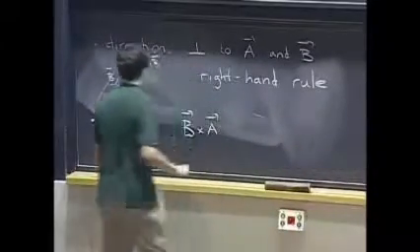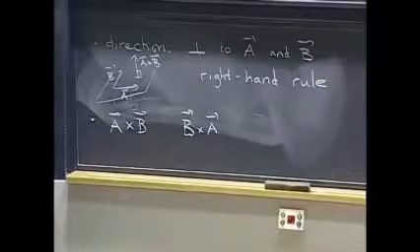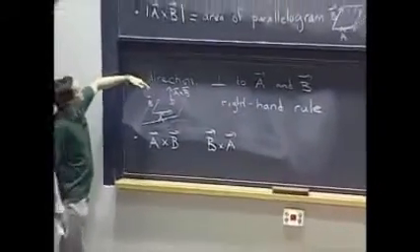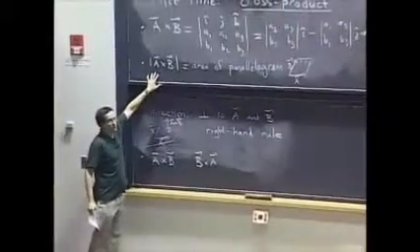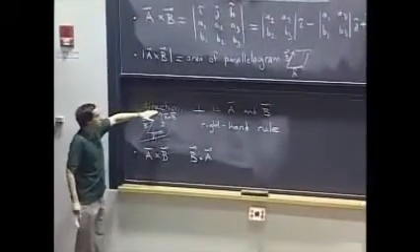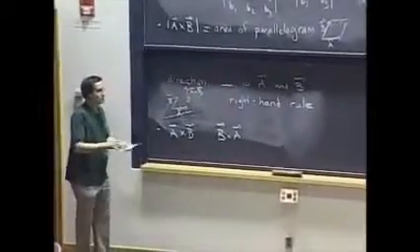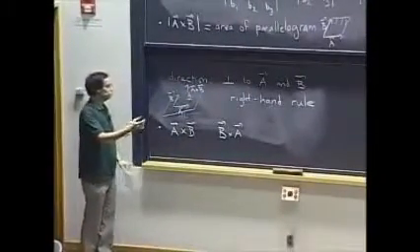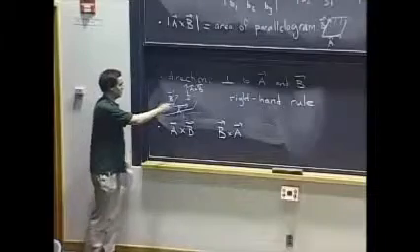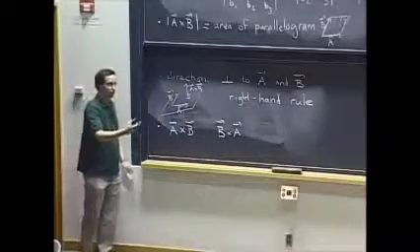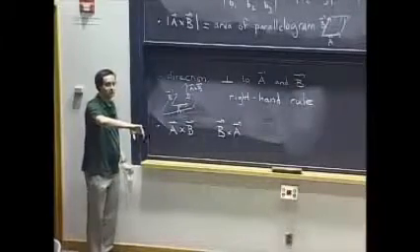Why are they not the same thing? Well, one way to see it is to think geometrically. Sure, the parallelogram still has the same area, and it's still in the same plane, so it's still perpendicular to the same plane. But if you try to apply the right-hand rule while exchanging the roles of A and B, then you will either injure yourself or you will end up pointing in the opposite direction.